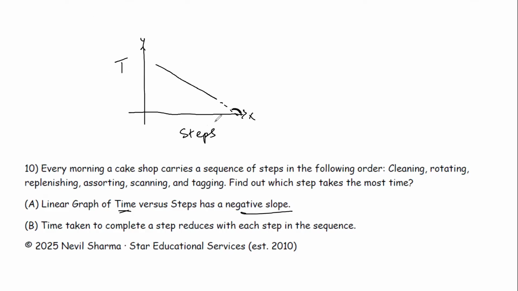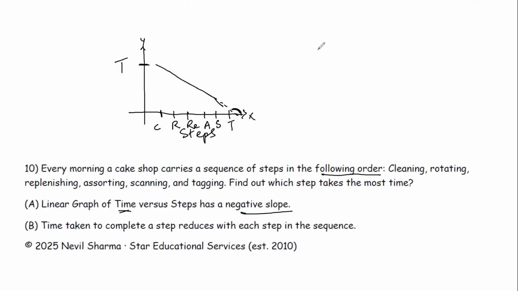So suppose this was step one, because it goes in that order. The first one is cleaning, second one is rotating, third one is replenishing, fourth one is assorting, fifth one is scanning, sixth one is tagging.